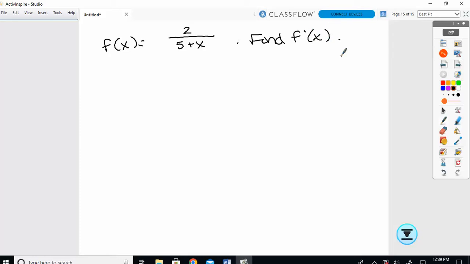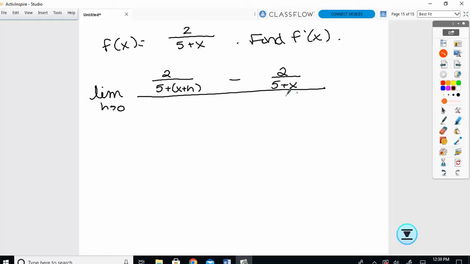Alright, if I asked for the derivative of this, what is the derivative? The limit thing that we've done on the last two problems. The only difference is, do I have an actual x value to plug in this time? No. So we have the limit as h approaches 0, f of x plus h minus f of x all over h.